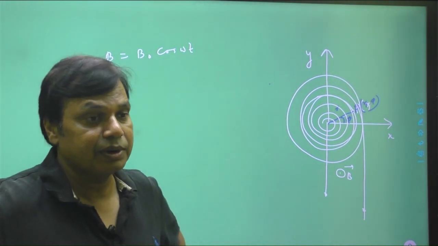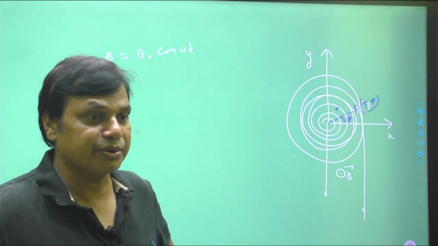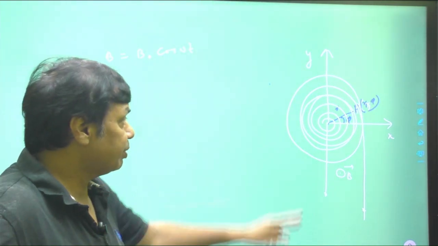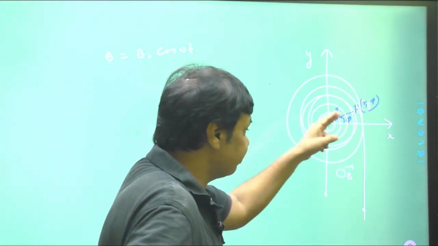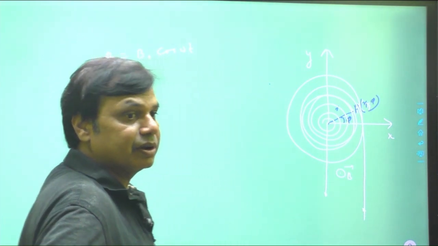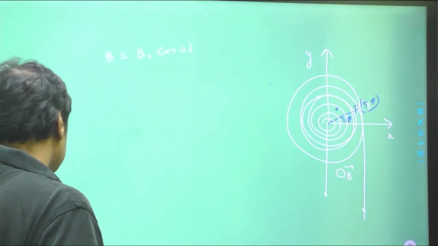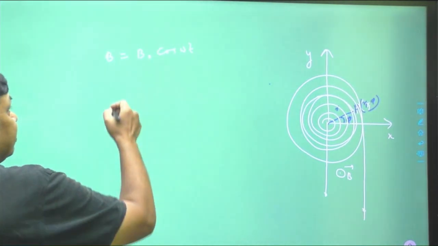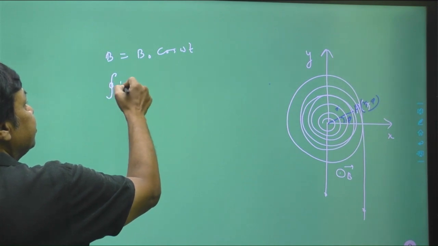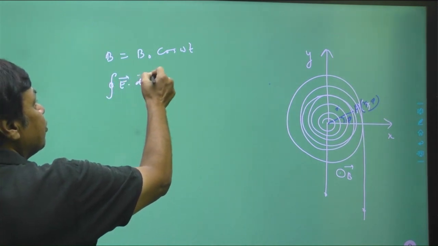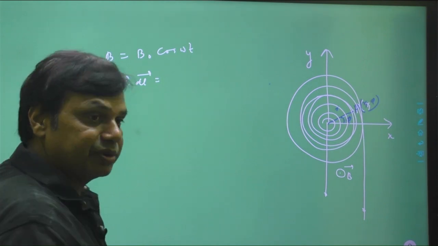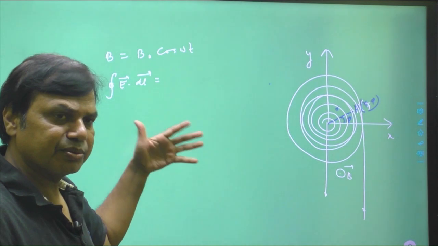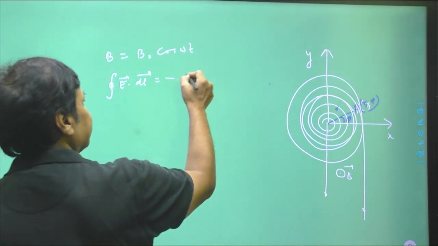So flux is going to be introduced in each turn of this spiral. If I consider a special circle of radius r, you can write Faraday's law for this, like the integral of E dot dl. This is the induced EMF, and you can write it as minus d phi by dt.